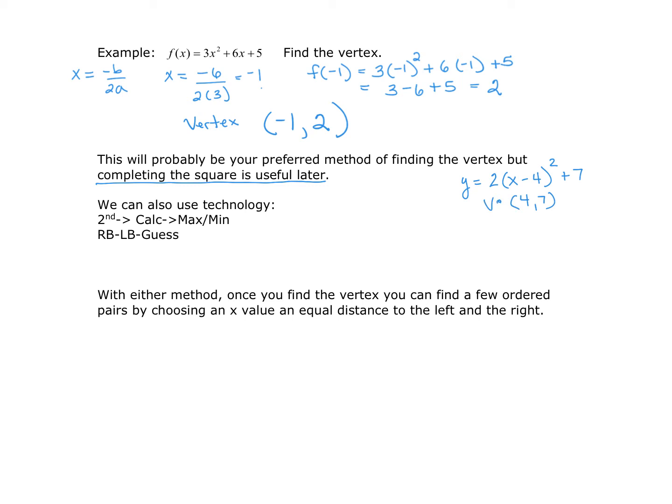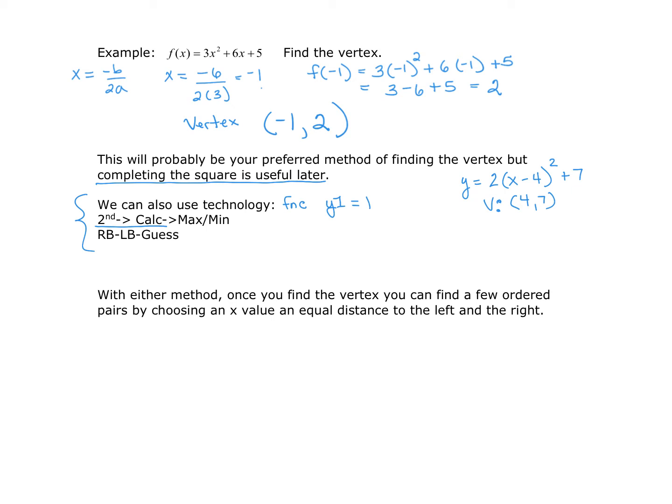We can also use technology. It's very similar to using your TI to find a zero. You're going to put your function into y1 and then hit second quit and then go second calc and then scroll down to either a maximum or a minimum, and you're going to know based on the graph if it's a maximum or a minimum.